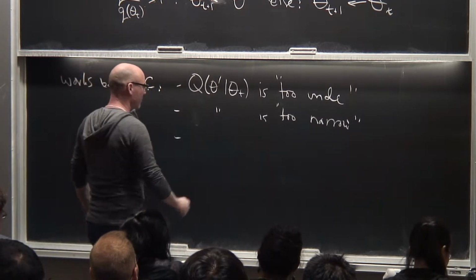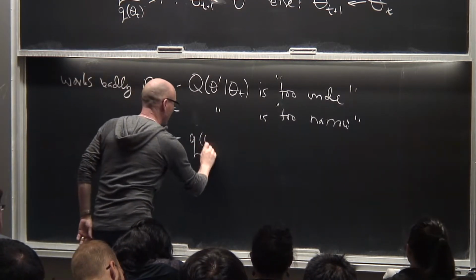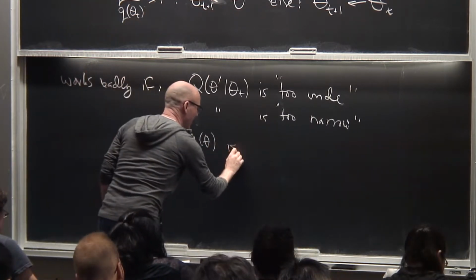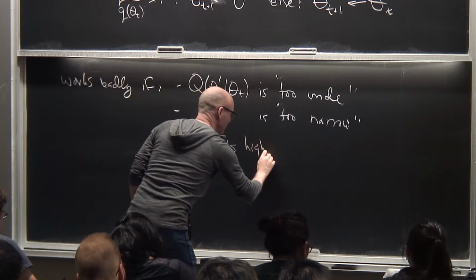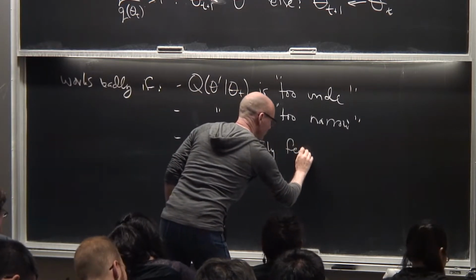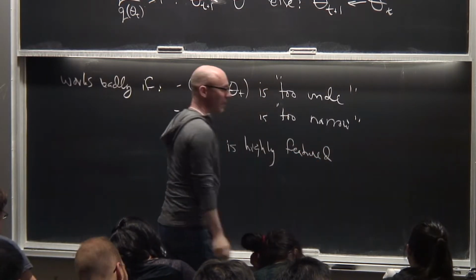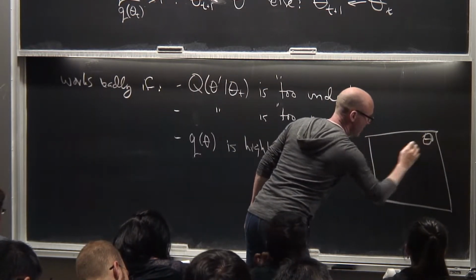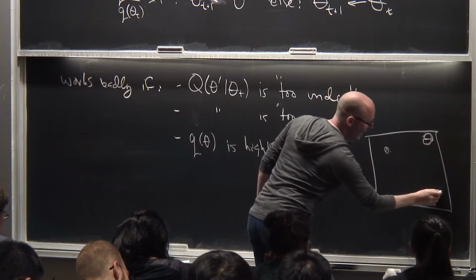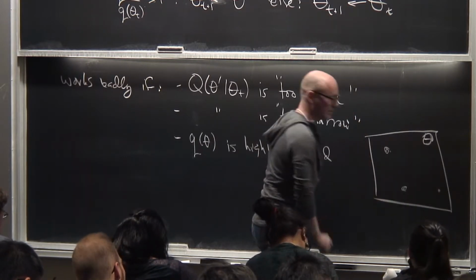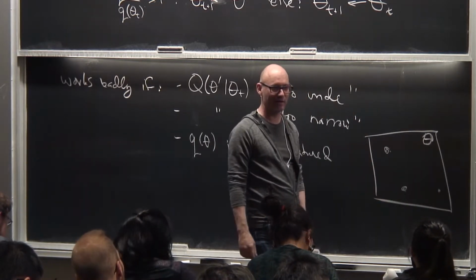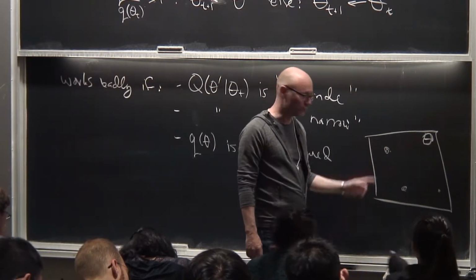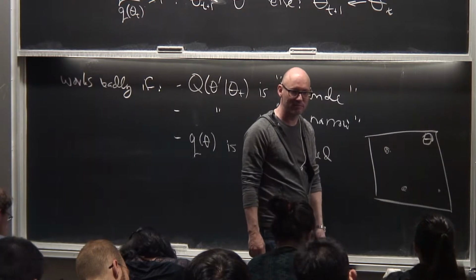And if little q of theta, meaning the thing you're trying to sample, is highly featured, for instance, in theta space, if there's an island here, and an island here, and an island here, that's hard to sample, because it's very hard for samples here to jump to here, or to random walk over to here.